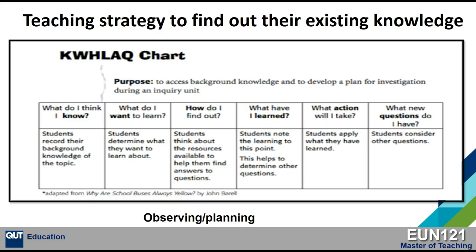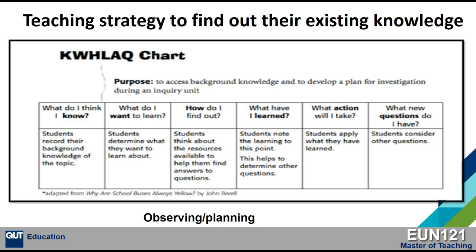So, observing and planning: a teaching strategy to find out their existing knowledge. Both the Australian curriculum and Margaret Roberts talk about finding out what students know, getting them curious, hooking them in, and the following is a strategy for finding out their pre-existing knowledge. Sometimes referred to as a KWL chart, or as this one is called, a KWHL-AQ.